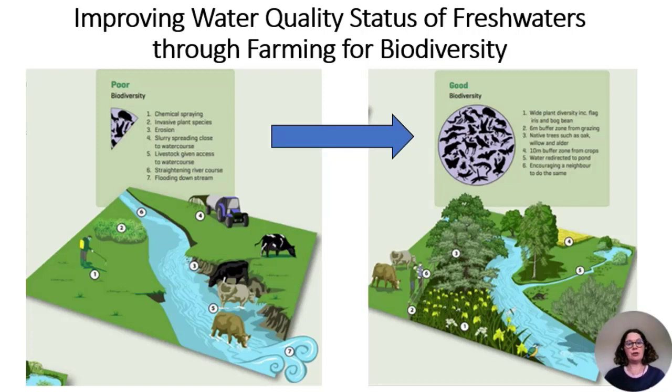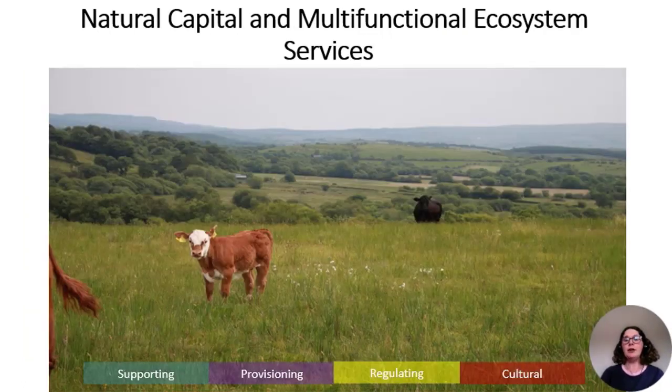And any measure that can be put in or can be placed in by the farmer will result in an increased biodiversity score, and not just for the plants and animals that are living on the farm, but also for the associated water bodies that flow through it. Finally, it's important to make that link back to our first lecture where we looked at the natural capital and multifunctional ecosystem services approach.